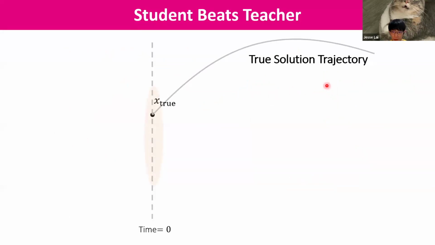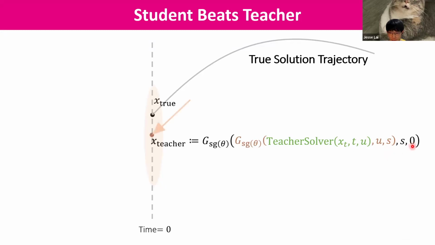Here is the true solution trajectory decided by the ground truth probability flow ODE, and here is the true generation starting from some noise. To obtain the regression target, we use the solver from the teacher to solve from t to u, where u is random, then push it to step s, and then push it further to 0, the very clean sample, to obtain this regression target x teacher.